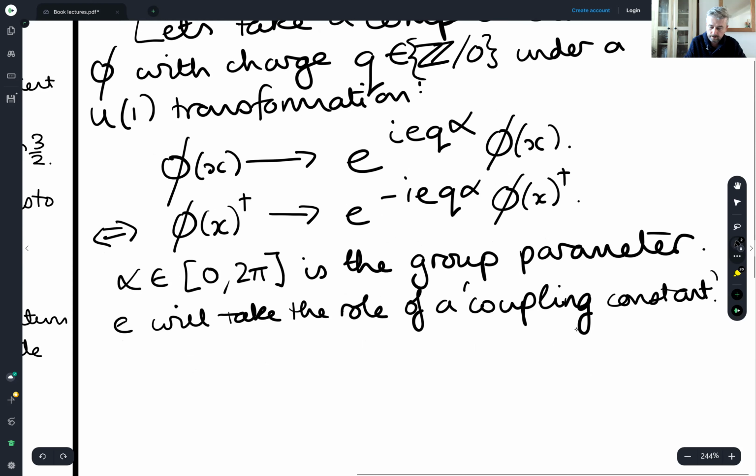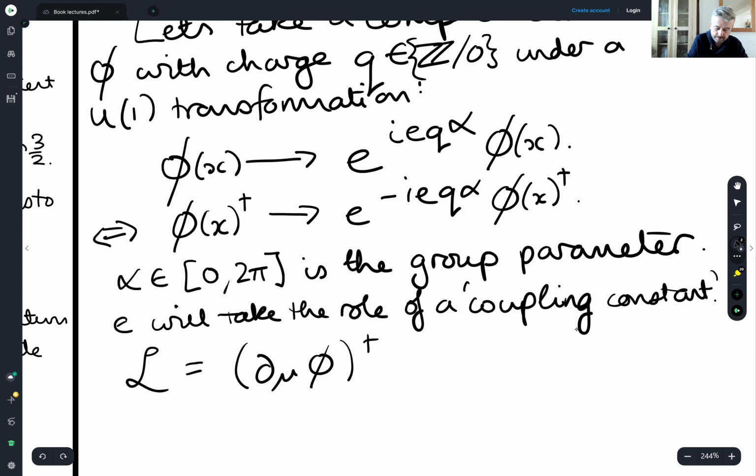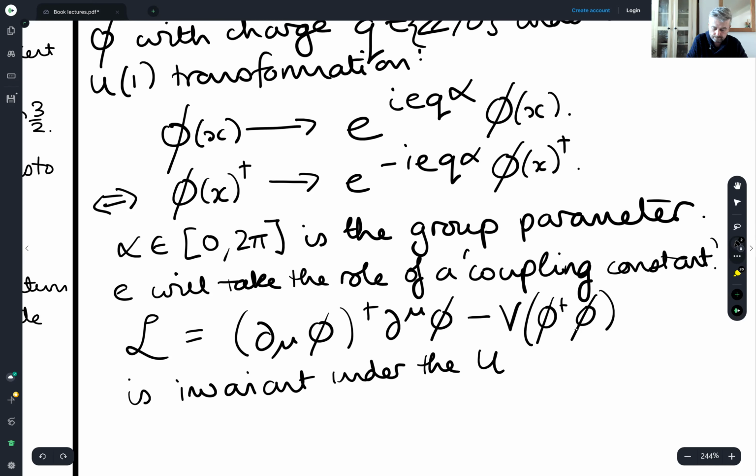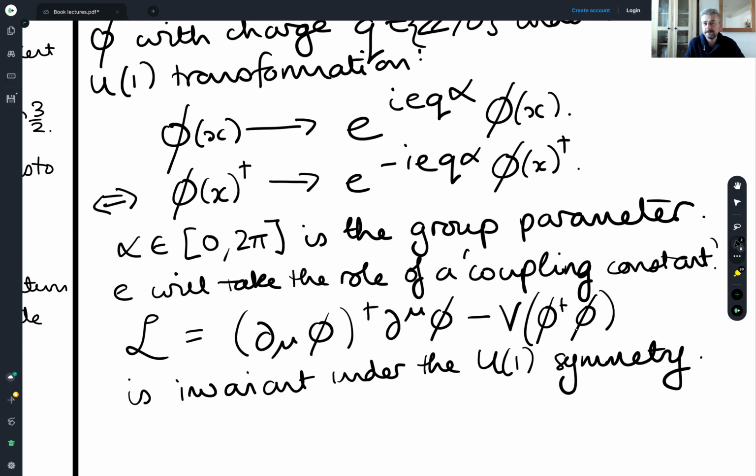Now, hopefully you know from constructing Lagrangians in quantum field theory that the following four-dimensional Lagrangian, where V is some four-dimensional potential, is invariant under the U1 symmetry. So, okay, up to now, we've only considered global transformations.